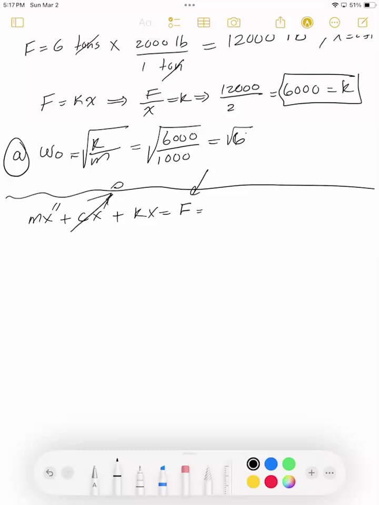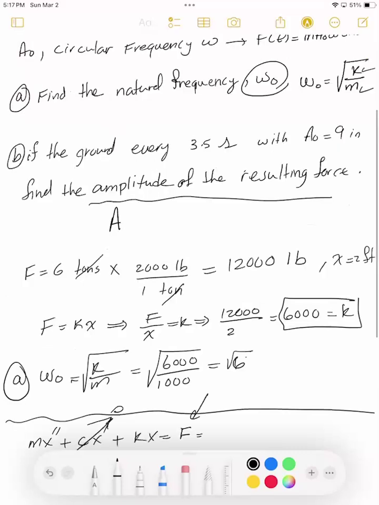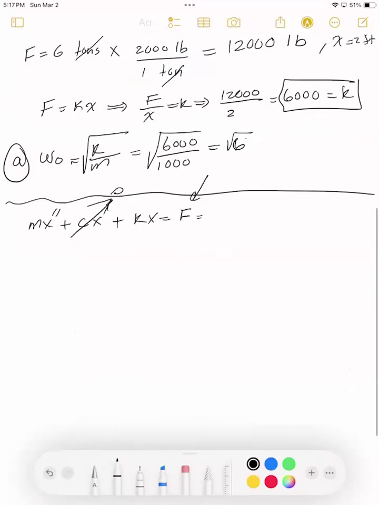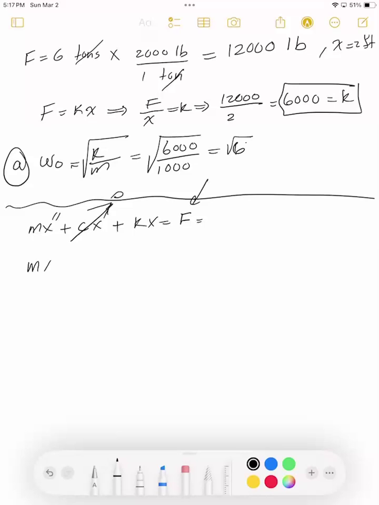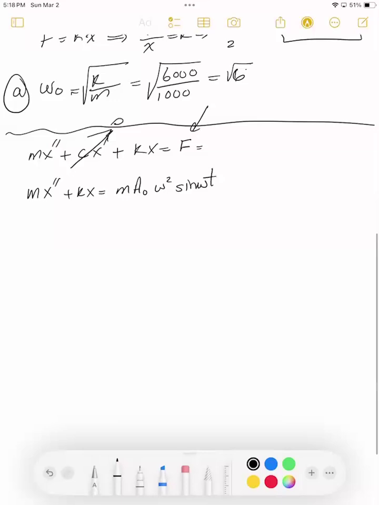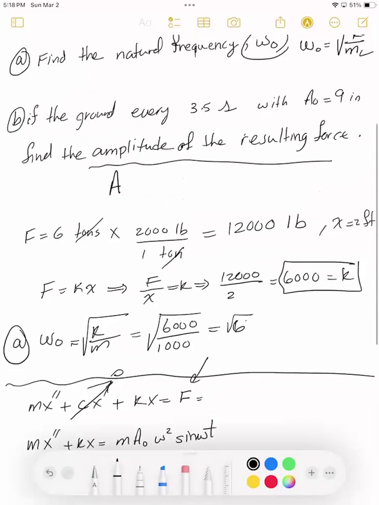And F is given to us as M A naught omega squared sine omega t. We also could find omega because the problem has given us the period. If we have the period, then omega is equal to 2 pi divided by T, which is the period. So 2 pi divided by 3.5.